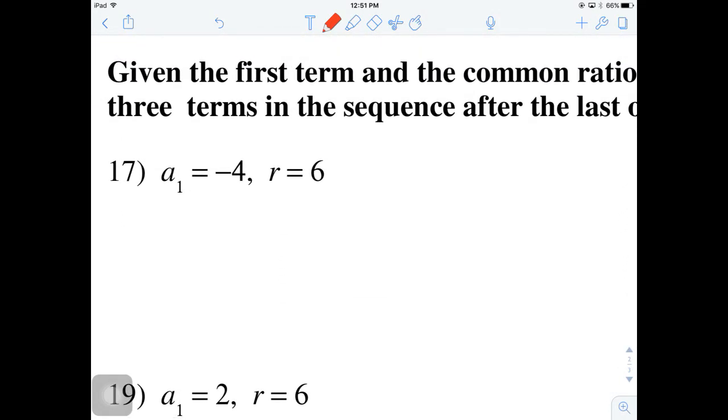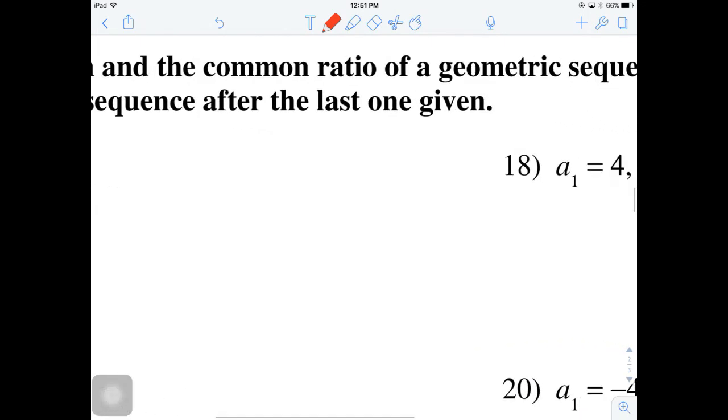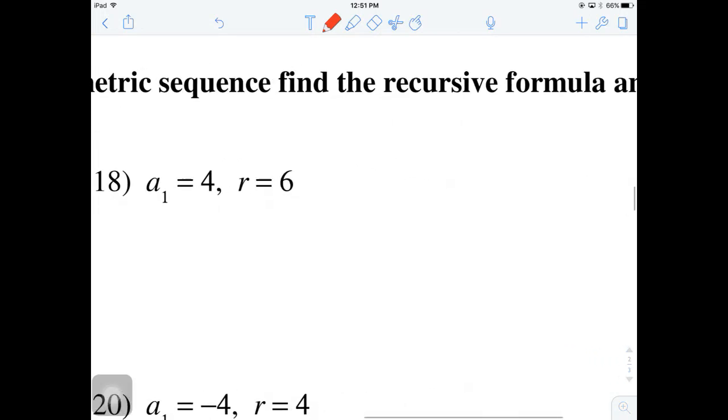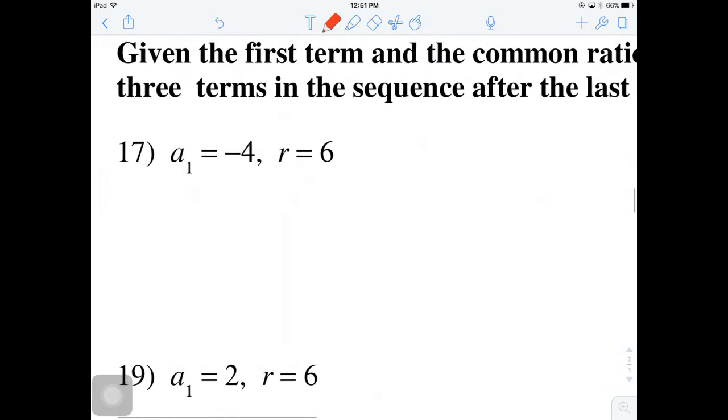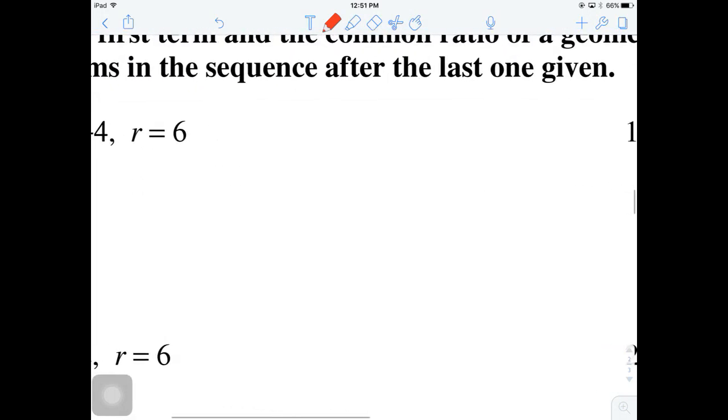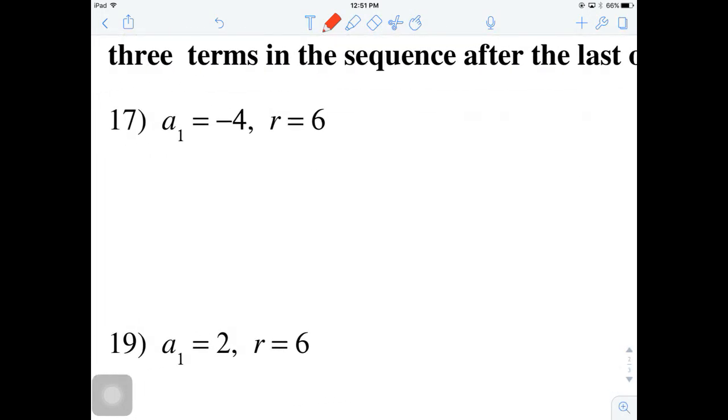And so number 17 says, given the first term and the common ratio of a geometric sequence, find the recursive formula and the 3 terms in the sequence after the last one given. So the last one given is a of 1. So if a of 1 is negative 4, we need to find 3 more terms after that. So let's make room for that.